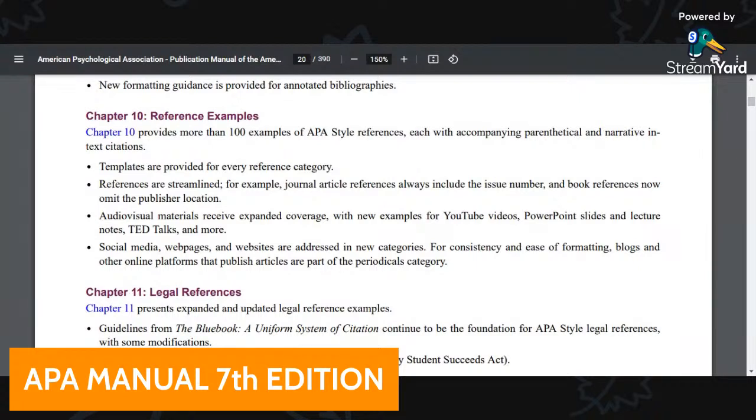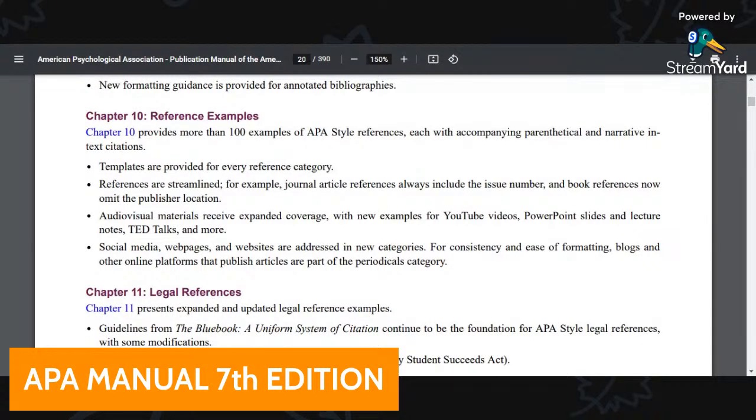So here is chapter 10. It provides more than 100 examples of APA style references. You get a clear vision about how to reference in your research work, including TED Talks, YouTube videos, PowerPoint slides, lectures, and notes, and how we can use these works or contributions in our research work as a reference.